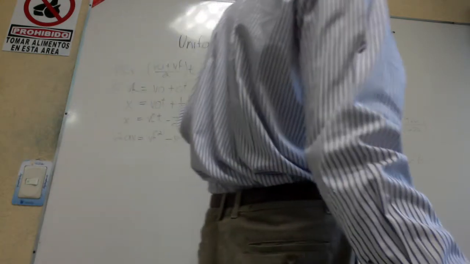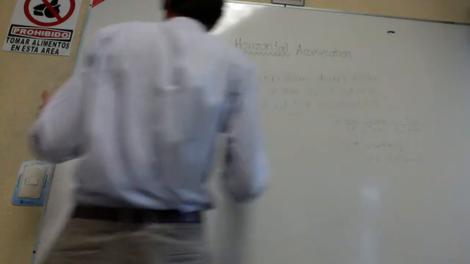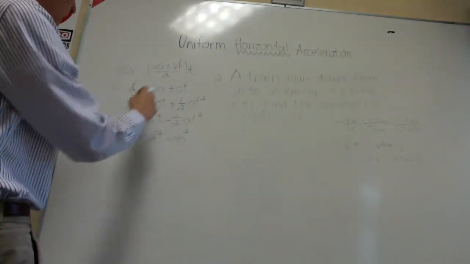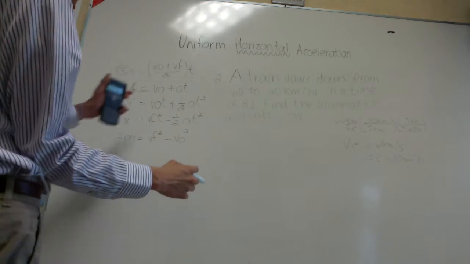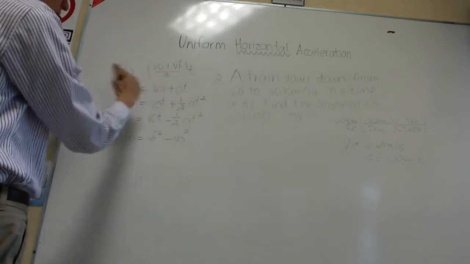Now we have SI units, and then they tell me find the acceleration with the specified data. I see the formulas, and well, I got final velocity, initial velocity, and time, so I can use this formula.